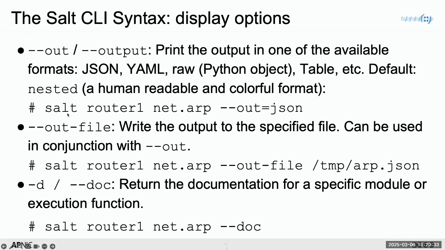If we want to have the output in JSON format, when we execute the command from the CLI, like salt router net.arp, I'm going to get the ARP from the router, and if I want JSON format I have to specify it, otherwise it will not give the same format. And we can even send the results to a specific file.